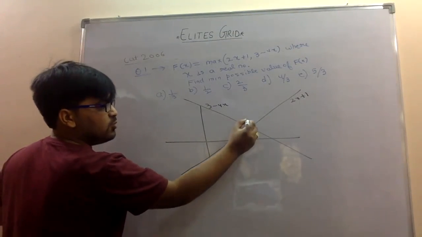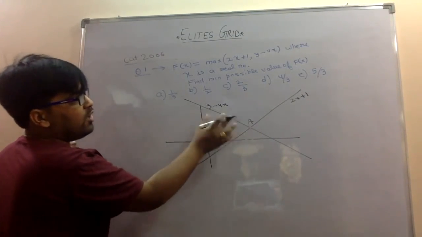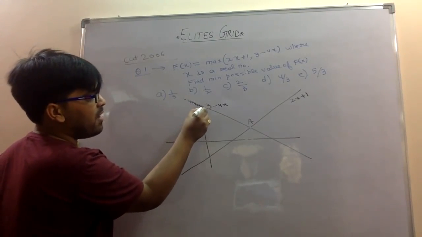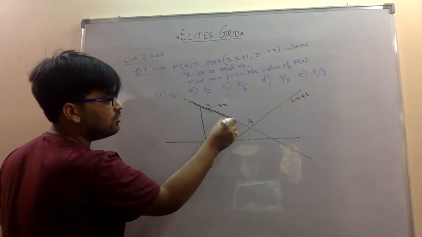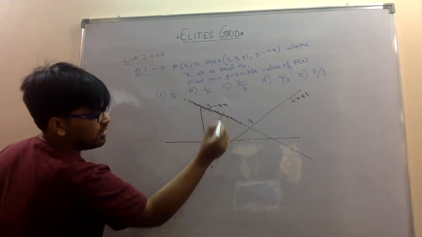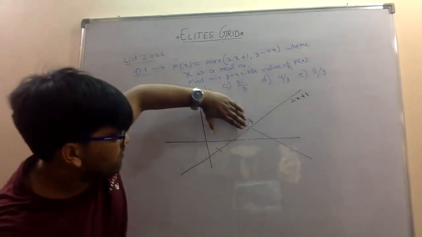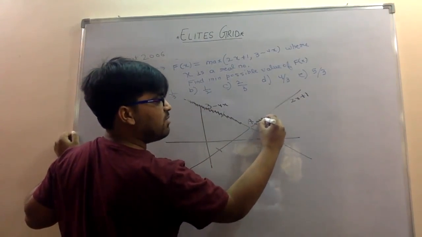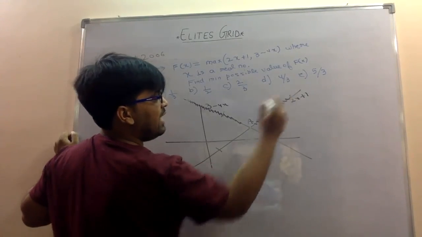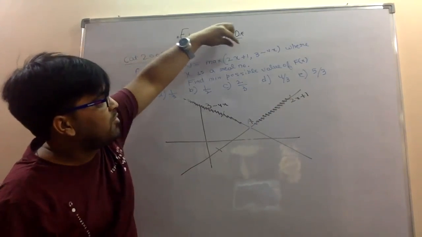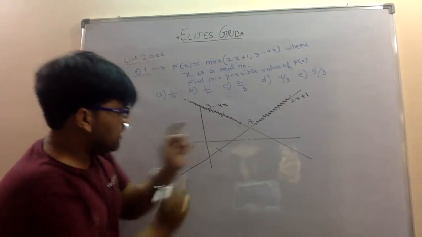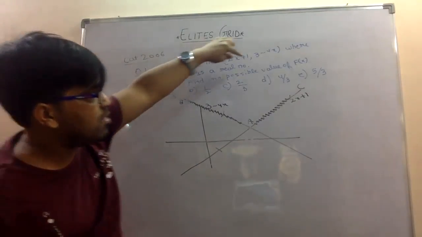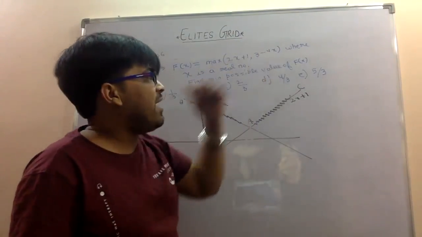Till this point, let this point be A, out of these two graphs the maximum value is this, and after this point the maximum value is the other one. That means BAC will be the graph of the maximum of 2x + 1 and 3 − 4x.